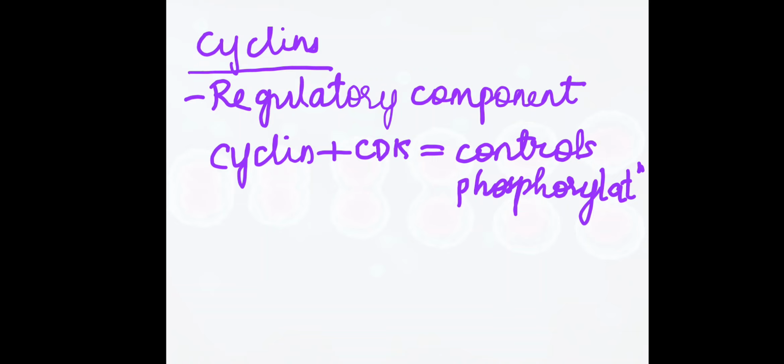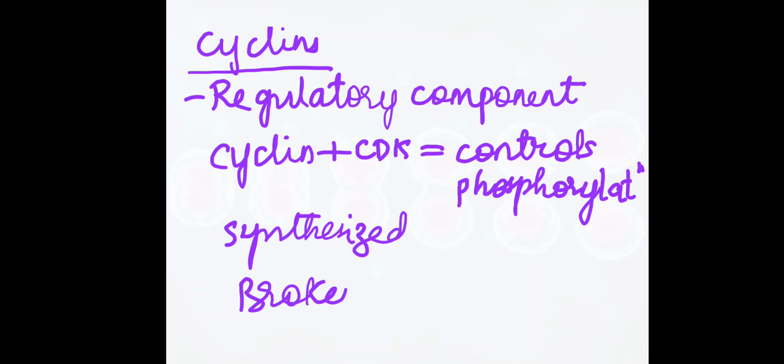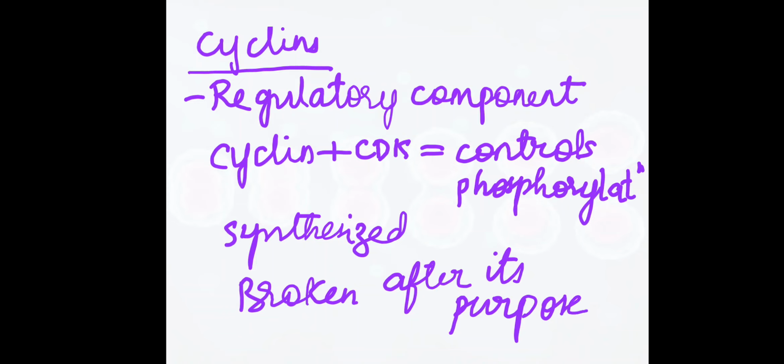Each cyclin is rapidly synthesized wherever needed, and it is also broken down after its purpose. It just activates the CDK molecules. After that, it breaks down, and this is very similar to the signal peptides which we discussed in the protein targeting class, right?